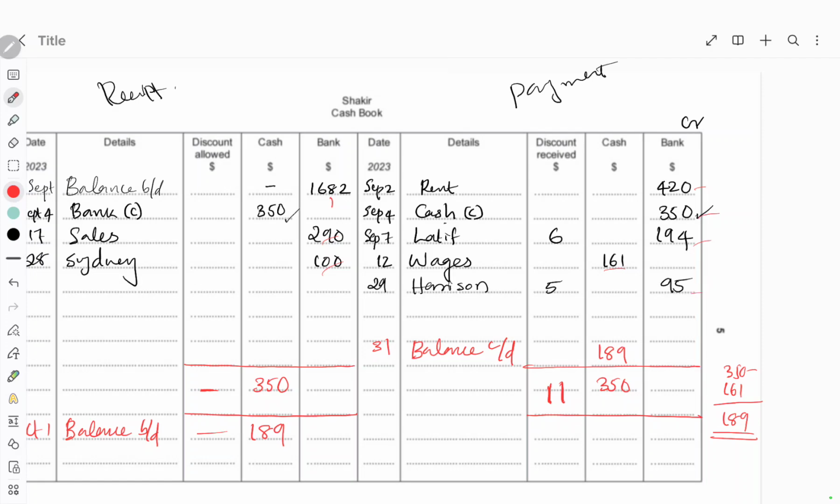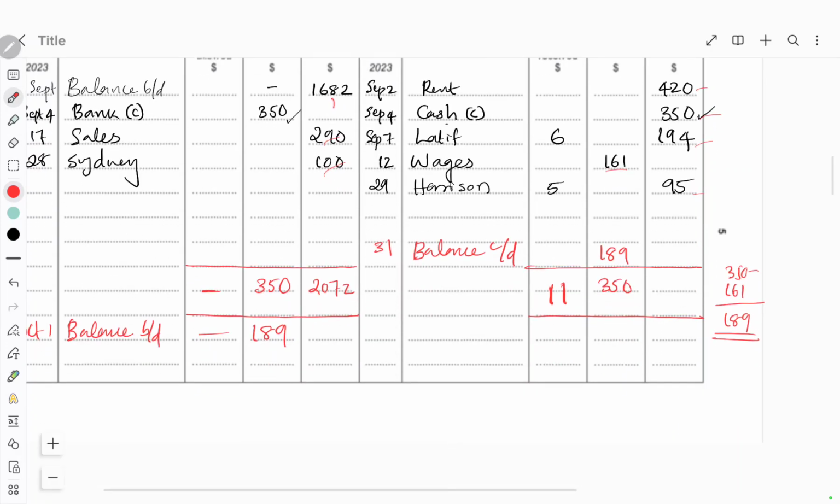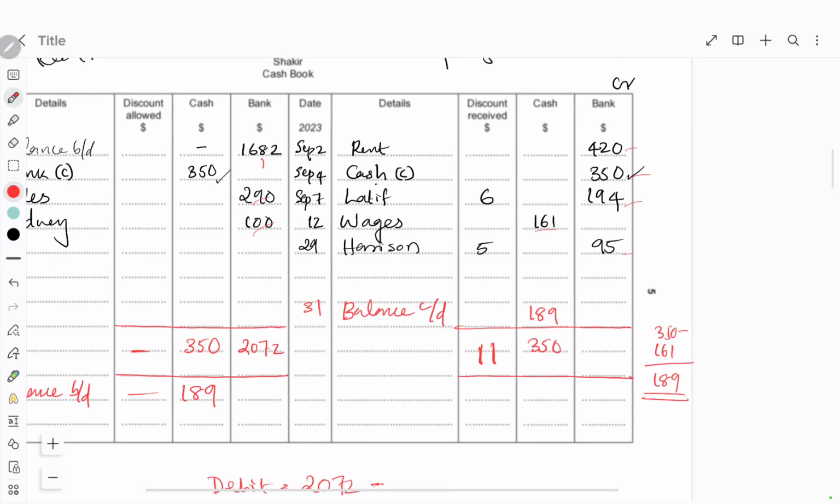So we will get a balance on the debit side of 2072, isn't it? See here, I'm just calculating the debit side of bank, 2072. But the credit side, how much are you getting? Please check it. On the credit side you are getting 420 plus 350 plus 194 plus 95. So in total you are getting 1059.